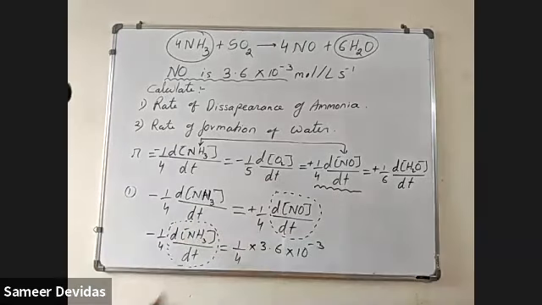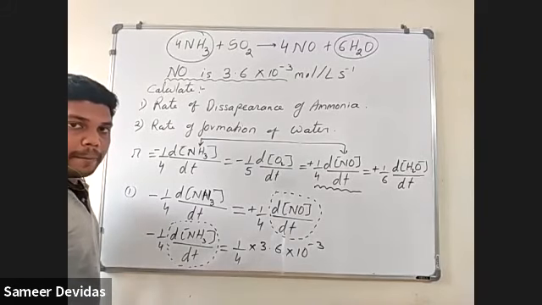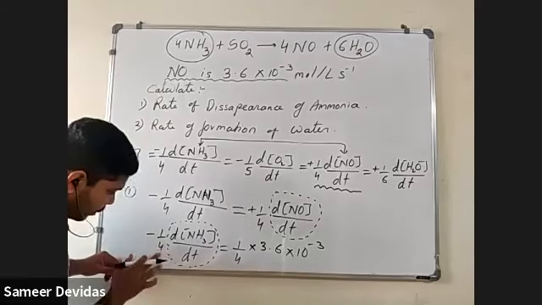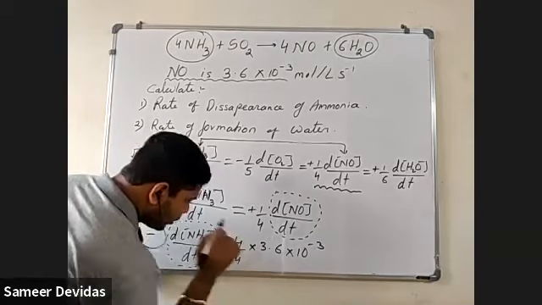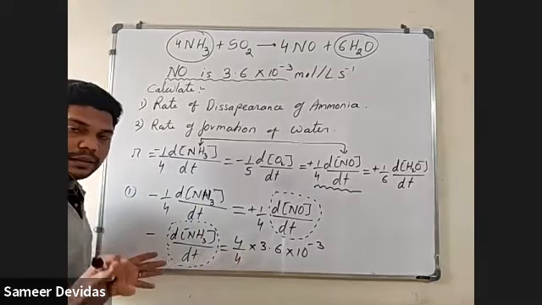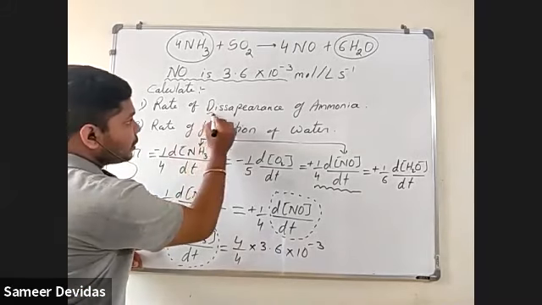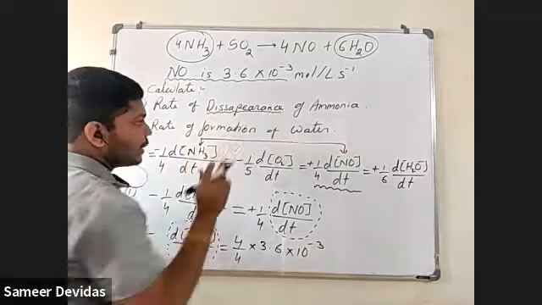If you take this to the other side, where will it go, students? Denominator or numerator? It will come to the numerator. So this 1 upon 4 I will cancel here and write it here. Is this fine? Yes, sir. Minus we have to keep as it is, because they are saying which word? A negative word. Am I right?